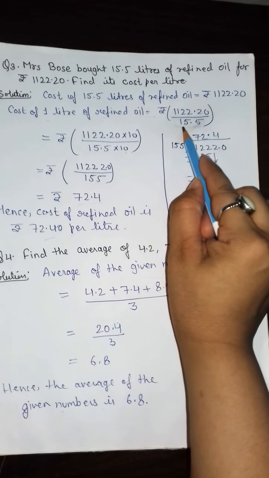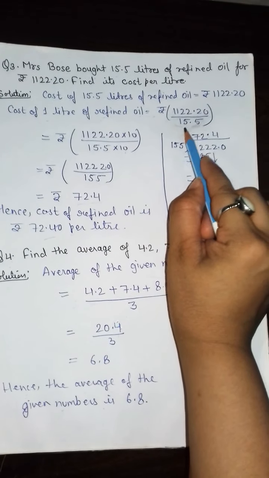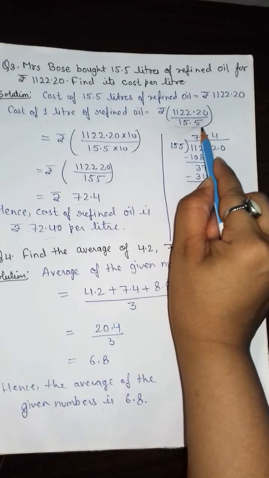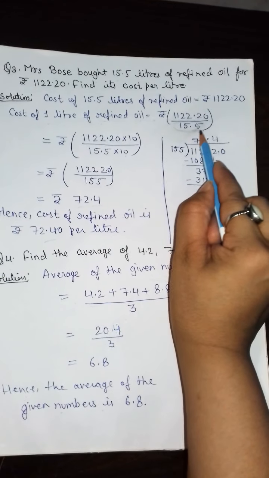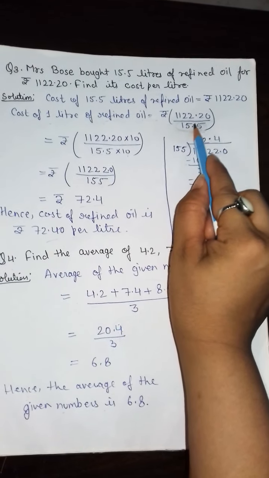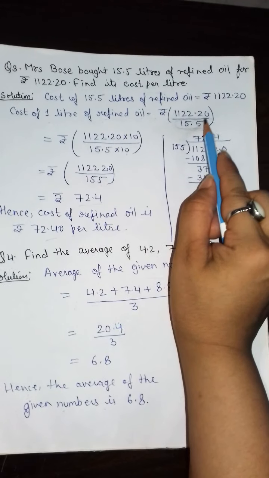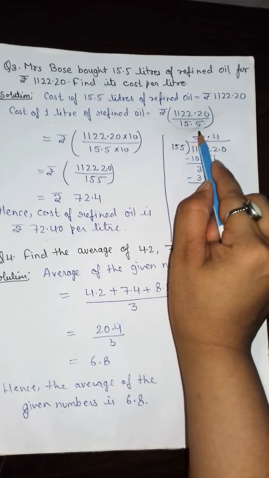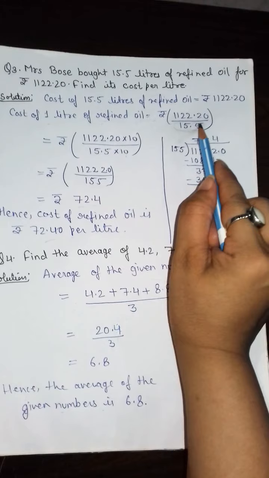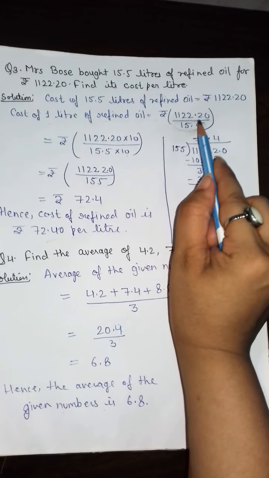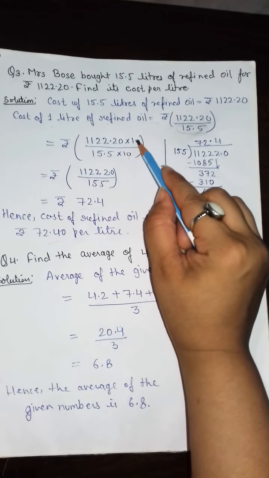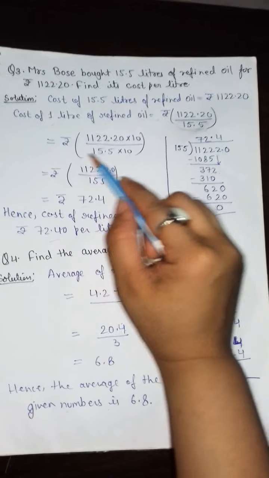Now here the divisor is 15.5, convert this divisor into a whole number. For this, see how many digits are in the decimal part? 1 digit. And now we have to multiply by 10 in the numerator and in the denominator.